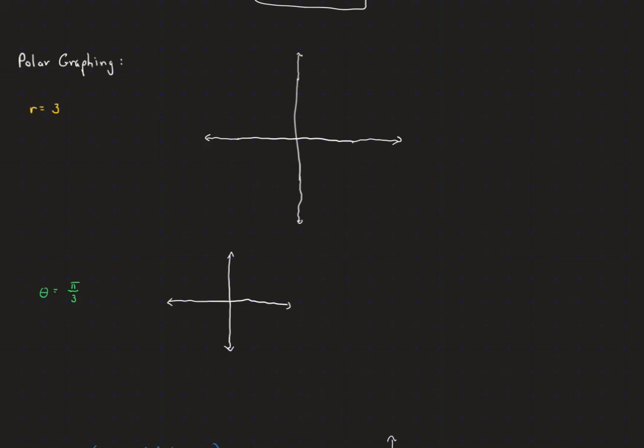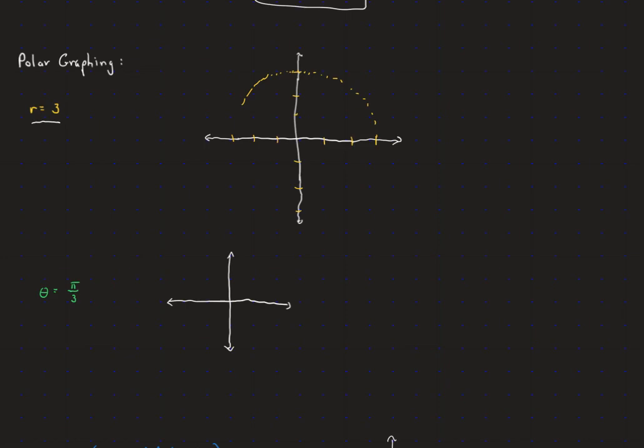But the basics is, if r is equal to 3, then this has no theta in it. So that means we want all of the points in the plane that are a distance of r from the pole, and we don't care what the theta is. I'm going to be in trouble trying to make this look right, but if we look at all of the points that are a distance of 3 from the pole, theta is going to run through everything.